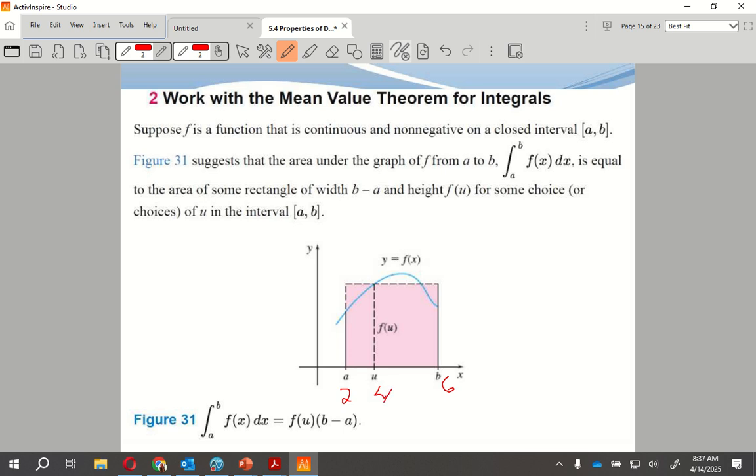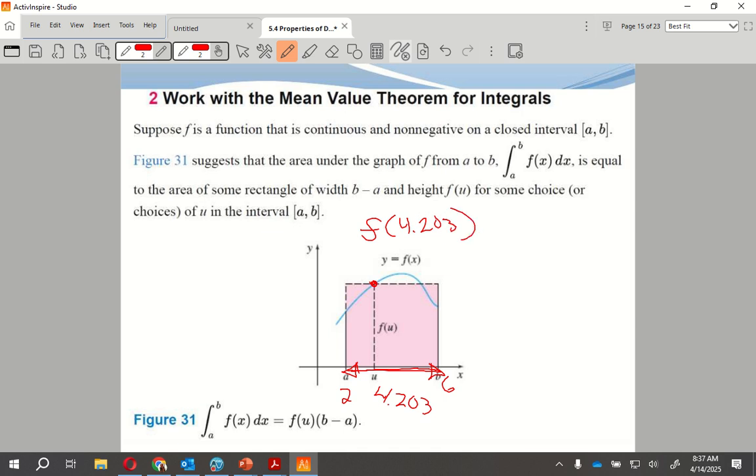My u value is 4.203, and so going from here to here, the height is going to be f of 4.203.